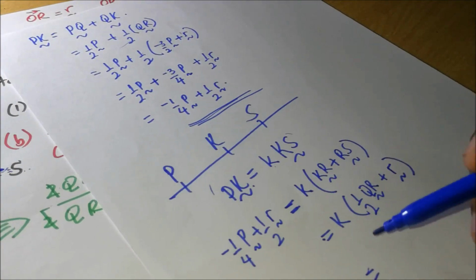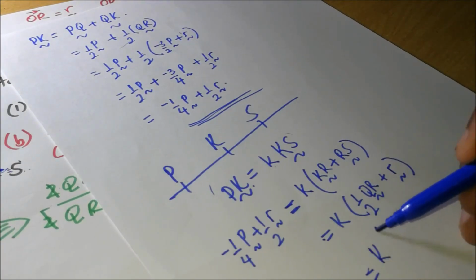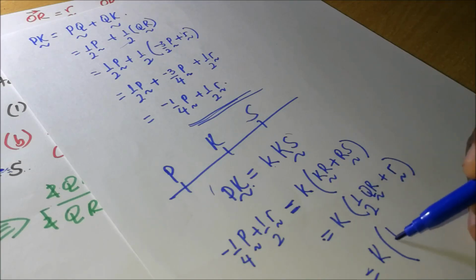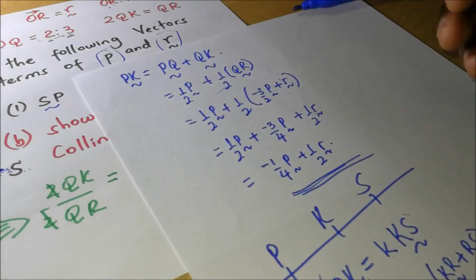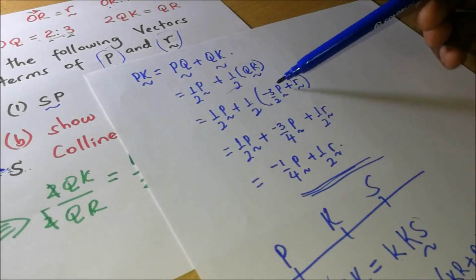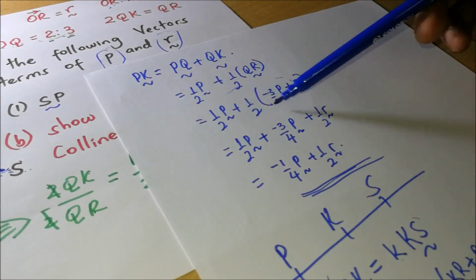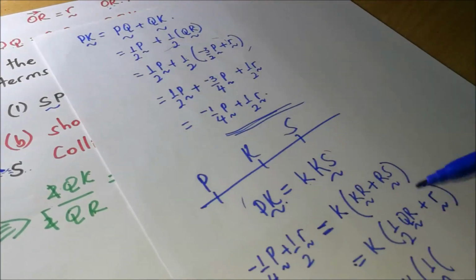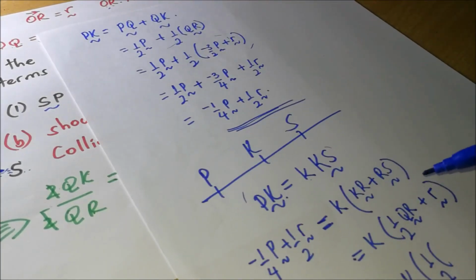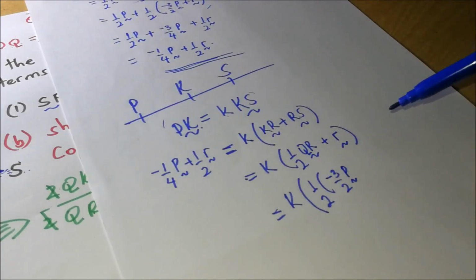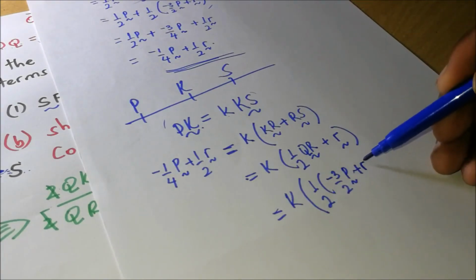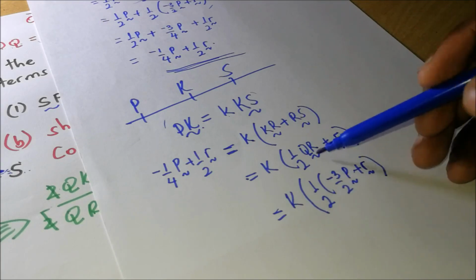So can we get QR? This is going to become k into a half times QR. Now we already got QR in our previous question. We got it as this expression. So we're just going to copy that expression down here. So QR is negative 3 over 2P plus R. That is the QR.